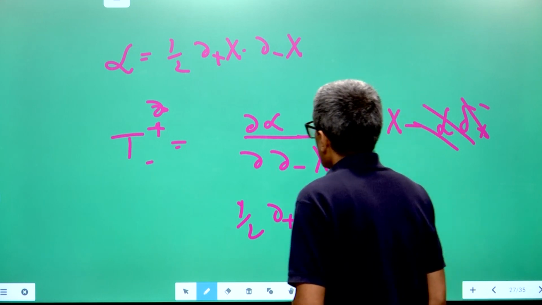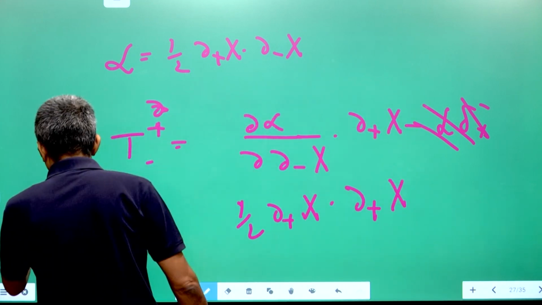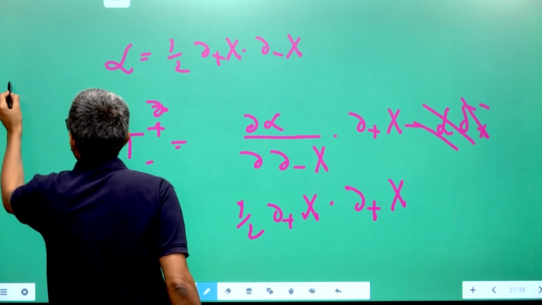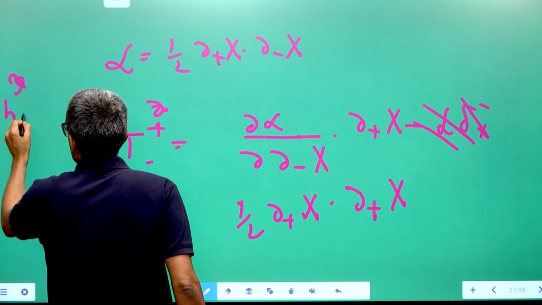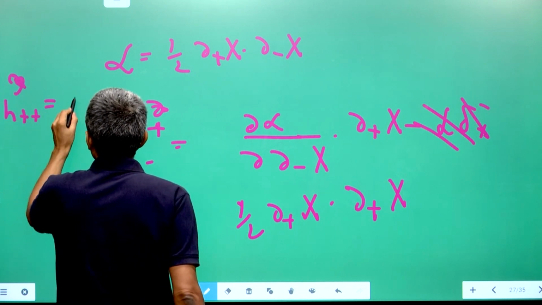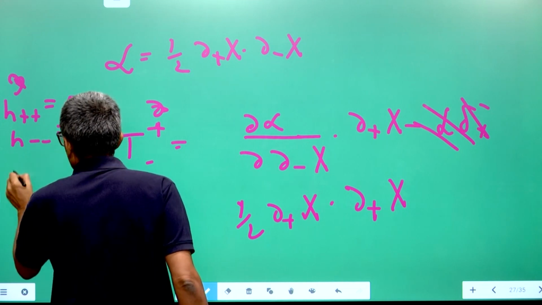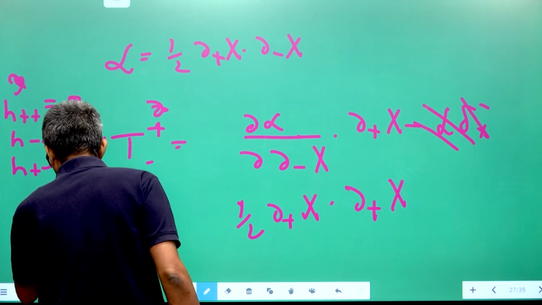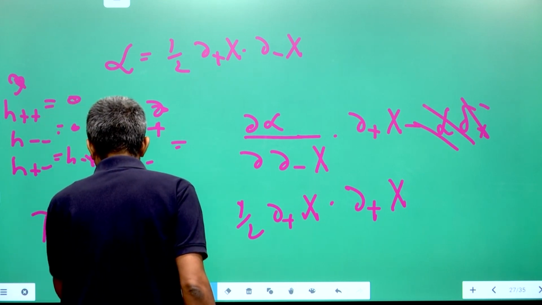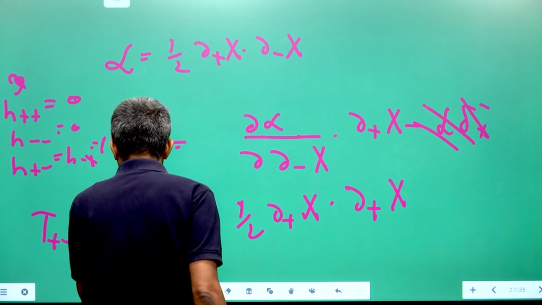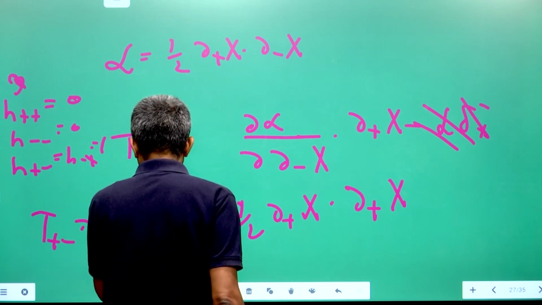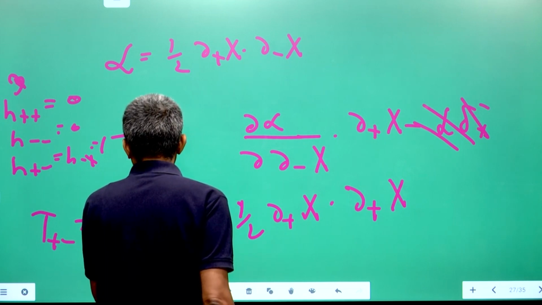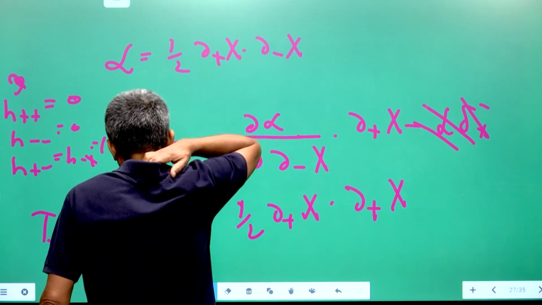So T plus minus is this. If you lower T plus using the metric eta in the light cone coordinates, what is the metric? It is eta plus plus equal to 0, eta minus minus equal to 0, and eta plus minus equals eta minus plus equals 1. So T plus minus is nothing but eta plus minus into T minus minus.